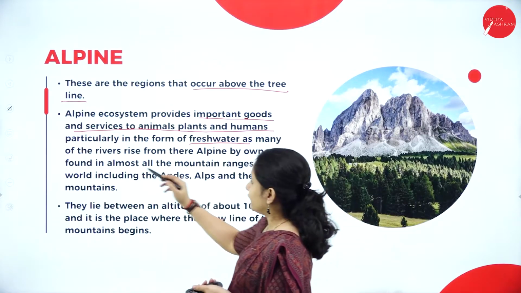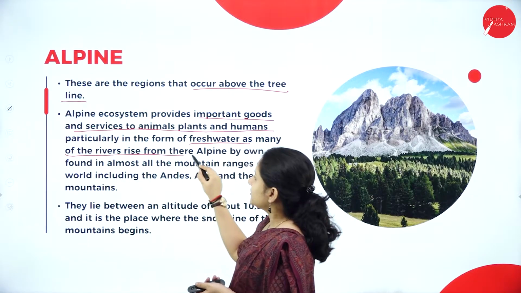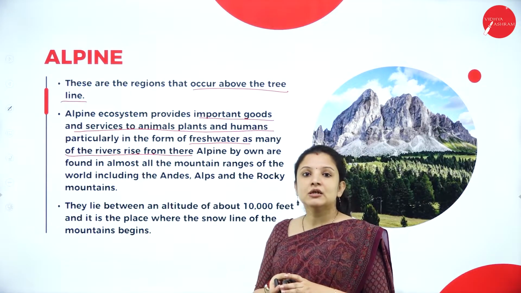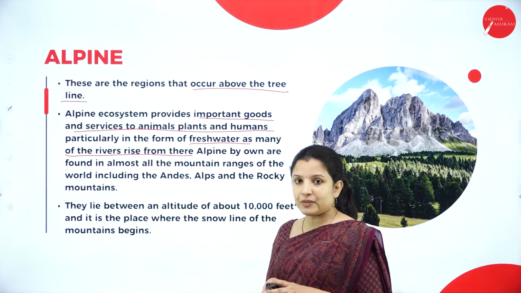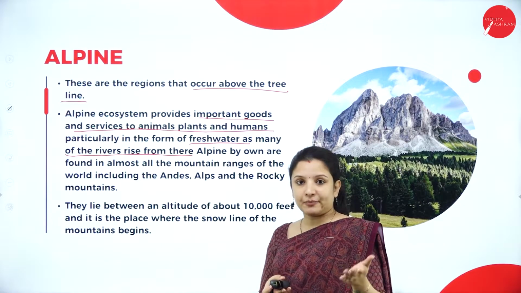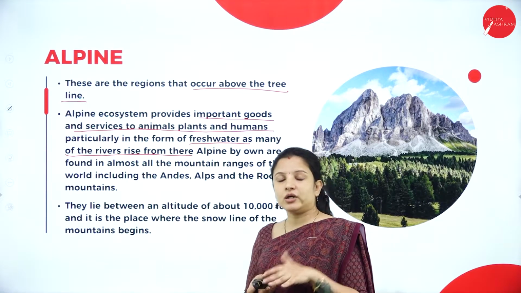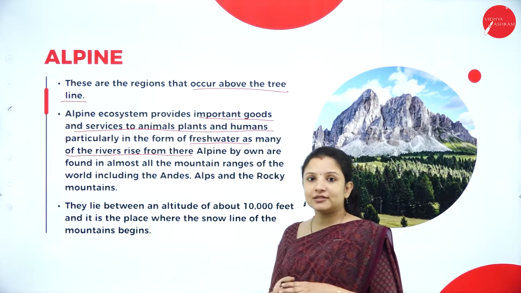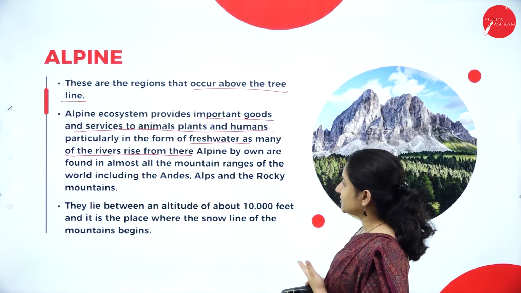So that is the reason for this. And rivers are also one of the important goods and services which the ecosystem provides to the people. About important goods and services of ecosystem, you have a separate topic for that in a particular unit. There you will study in detail. So here, when I say important goods and services, one best example is the rivers.